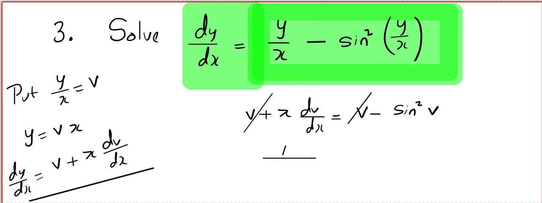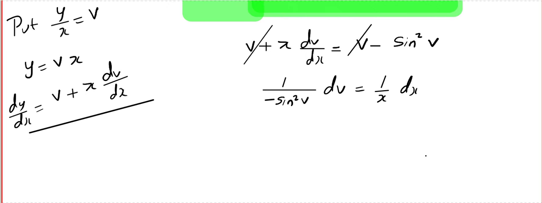So 1 by minus sin square v dv. I told you some problems will be very easy, and in one step it becomes variable separable. But in some problems you'll have to write a lot and do a lot of manipulation. That depends. We cannot have any rule which will suggest how many steps it will take.